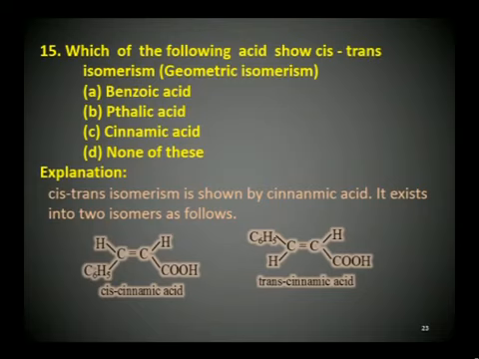So, cinnamic acid shows cis isomer and trans isomer. So, cinnamic acid will be the answer for the question, which of the following acids shows cis-trans isomerism?